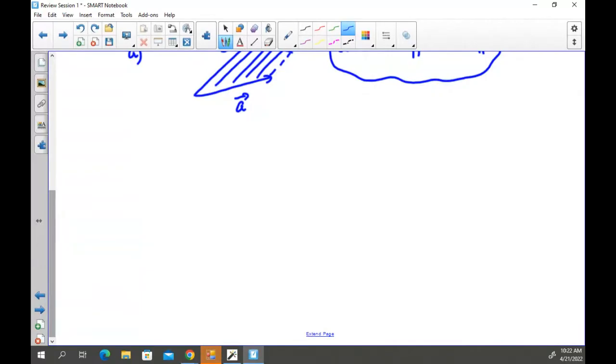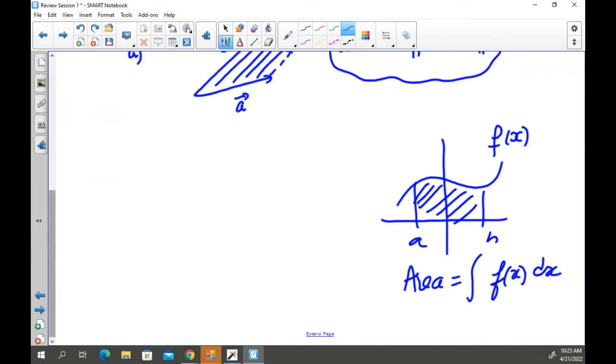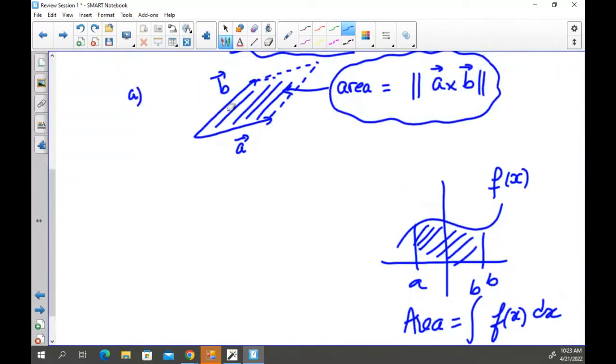No, you use integrals when you have functions. If you have a function and you want the area under it, then the area will be the integral of the function from A to B. Don't confuse this. If you have two vectors and you want the area of the parallelogram between them, it has nothing to do with integrals.